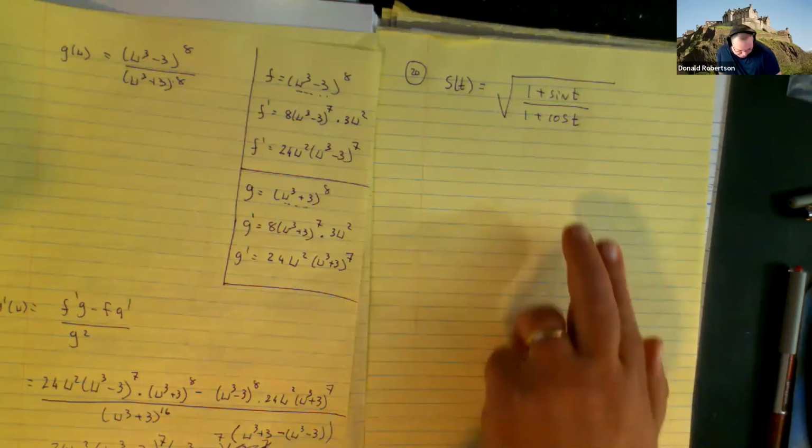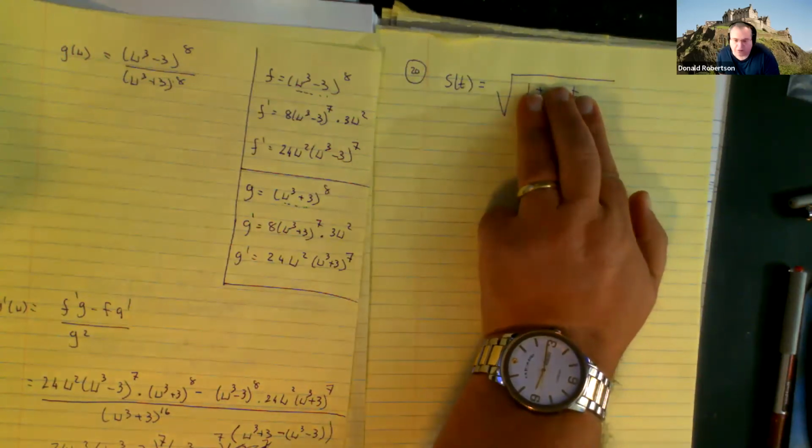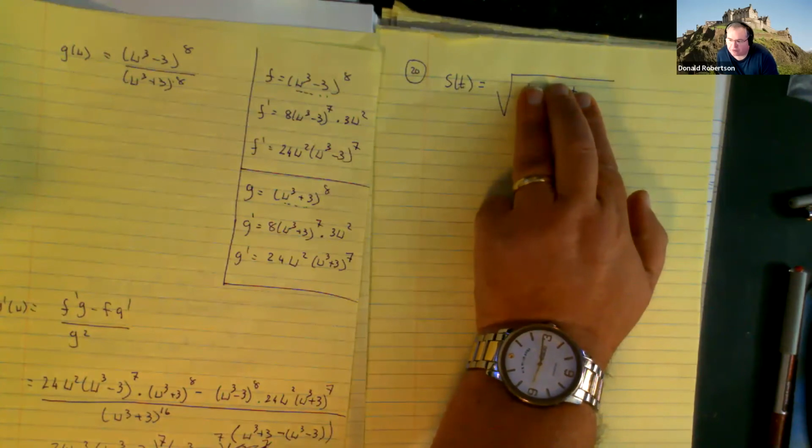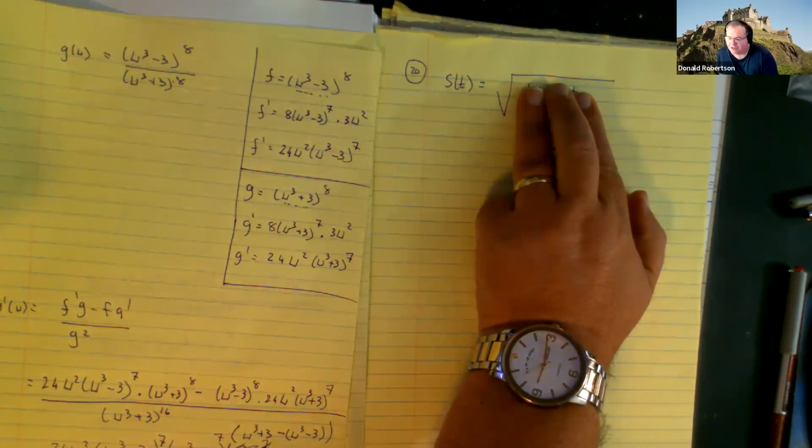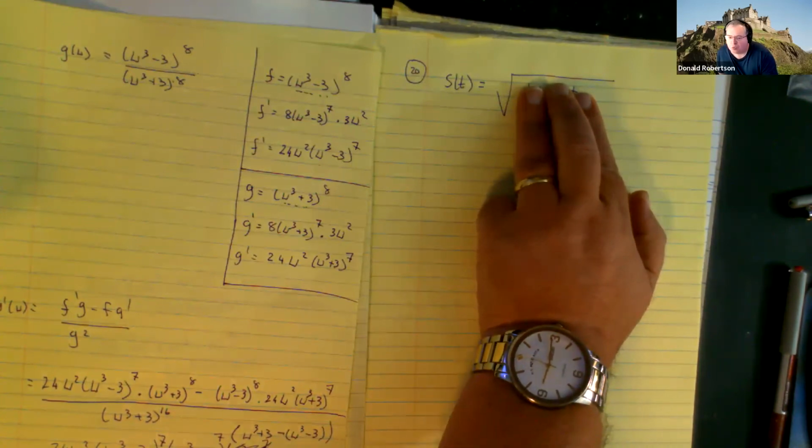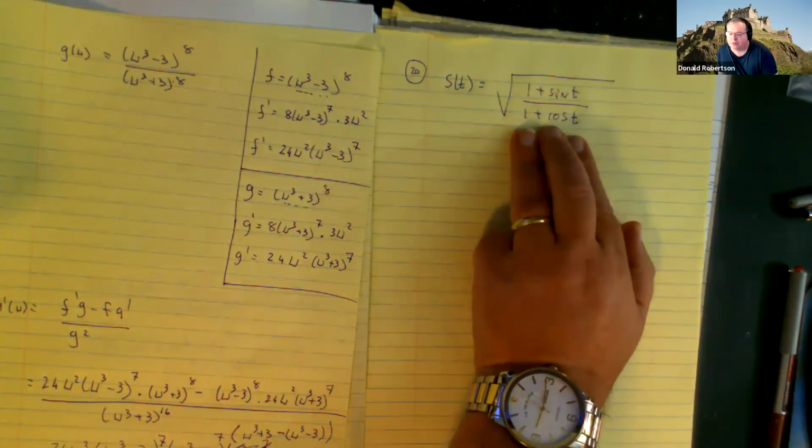I could, for instance, make that entire fraction my inside function. And at least that would make the process easy to say. Wouldn't it just be something to the power of half, and then I could do it? But because that's a fraction, wouldn't the derivative of the inside function be a bit ugly?